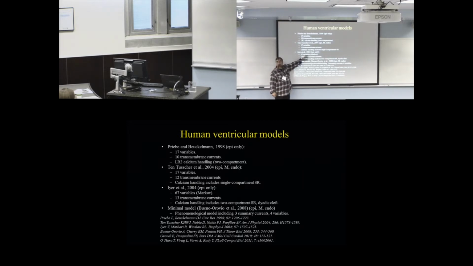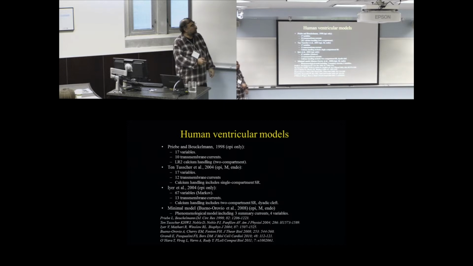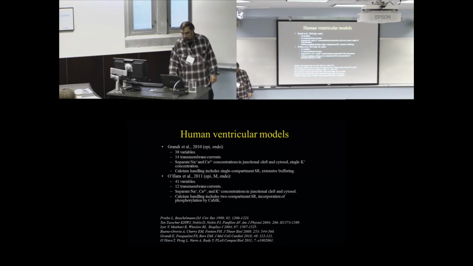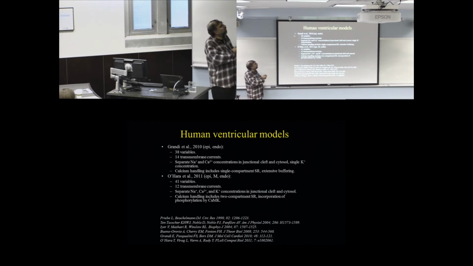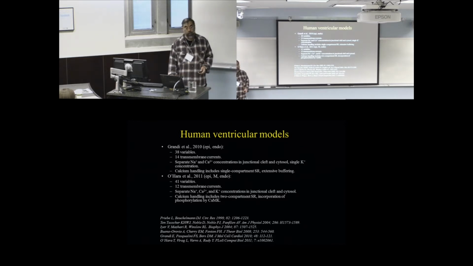There are 65 Markov models. Everything was Markov model except one gate variable and the voltage, so only 2 ODEs, the rest Markov models. This is a phenomenological model I did with a student of mine and with Elizabeth. There's the Grandi et al. model that came in 2010, 38 variables. And then the latest is the O'Hara-Rudy, 2011, 41 variables. So these are the models that exist so far for human ventricles.